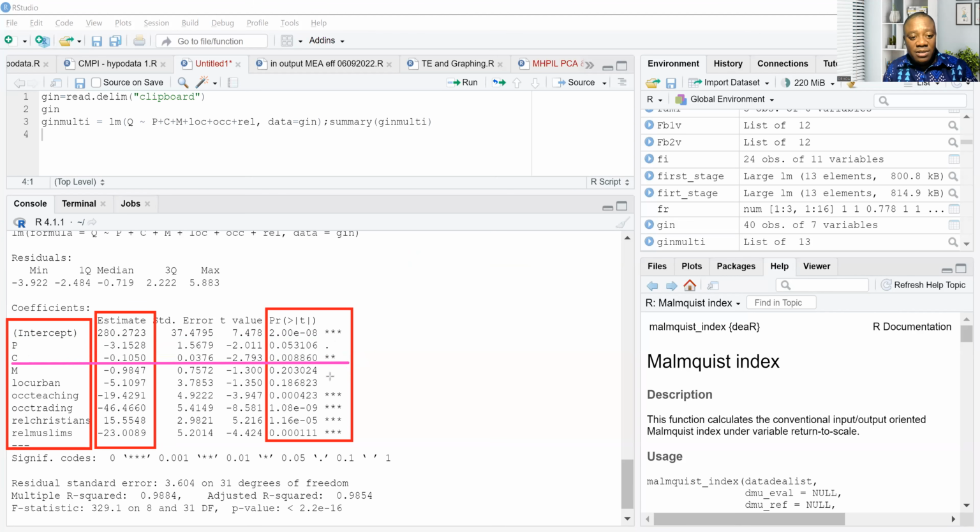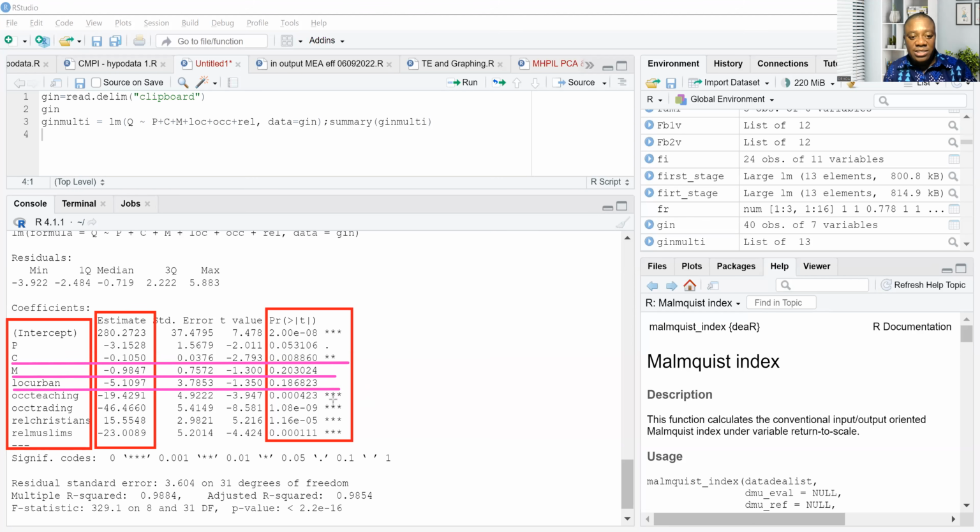Now, income, is it significant or insignificant? It is insignificant. Very good. Location urban, significant or insignificant? It is insignificant. Occupation teaching?